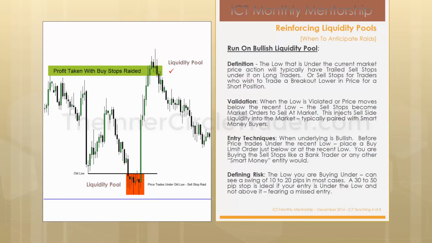Now, while it's doing that, it's going to look to offset those new longs by smart money above old highs. And you can see the equal highs over here to the left, where I've highlighted it, and draw that out to the right side of the chart, and you can see where profit taken with buy stops when they're raided, and that's the other contrary liquidity pool, or where the buy stops would be resting.